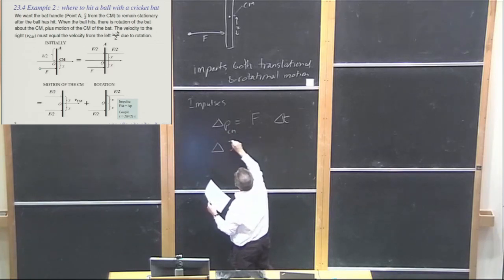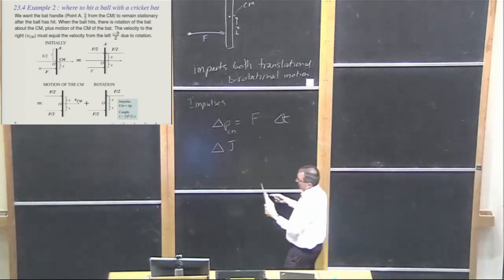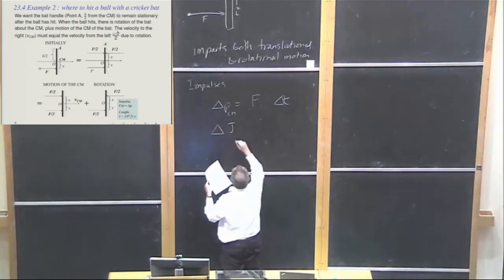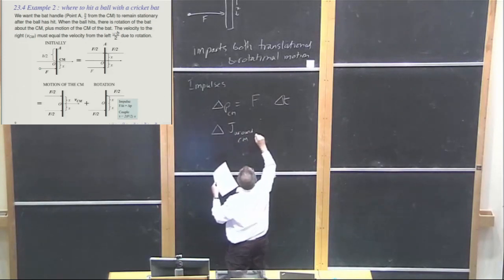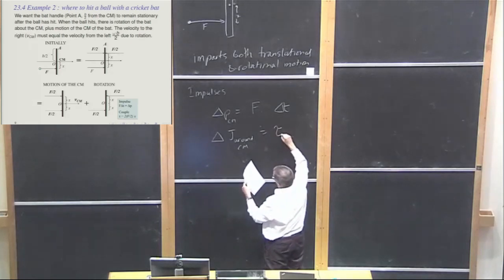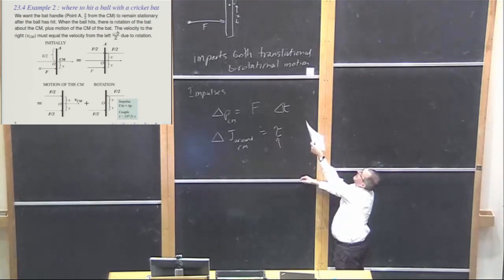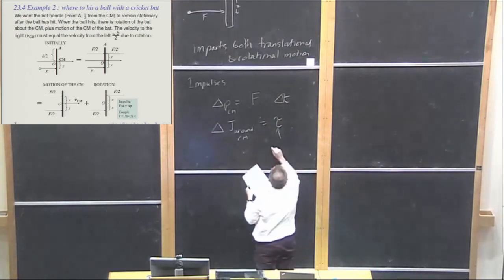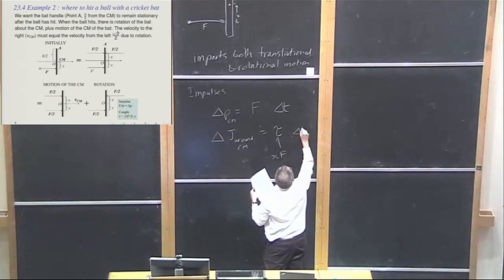Then there'll be a rotational impulse, an impulse in terms of angular momentum. So delta J is evaluated around the center of mass, and this will be given by the torque, which in this case is just x times F times delta t.